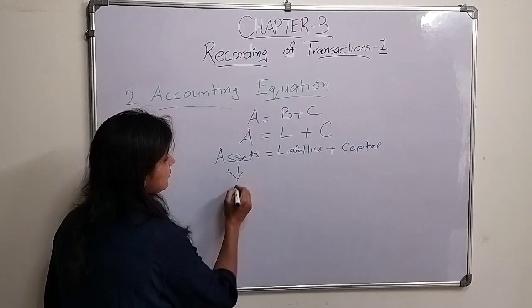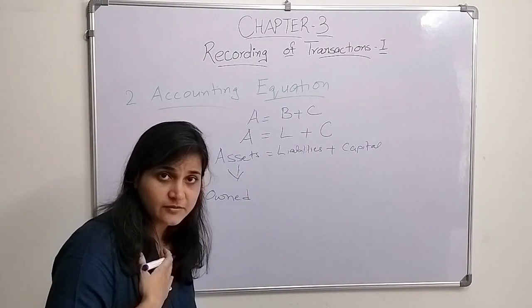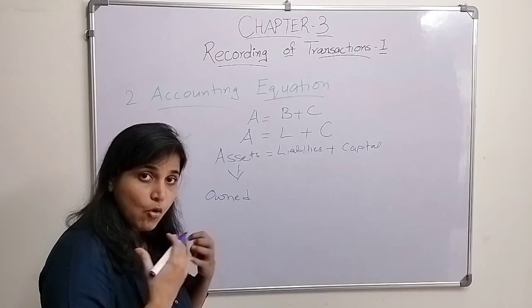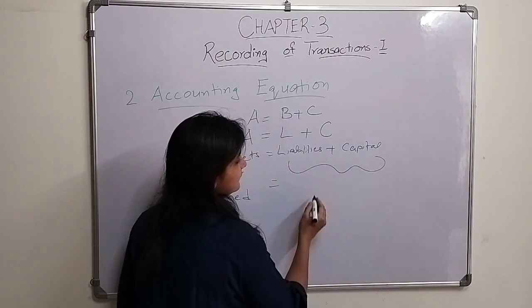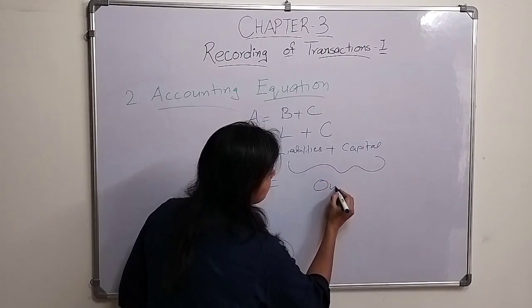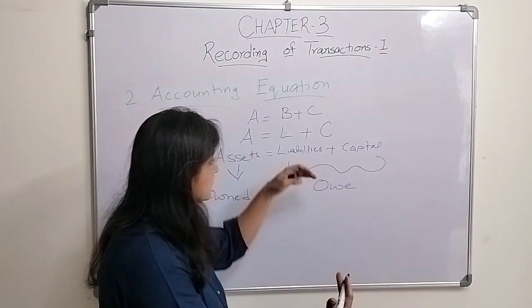Okay, what is an asset? An asset is something which is owned by the firm. And what is a liability? It is something which the firm owes to somebody.